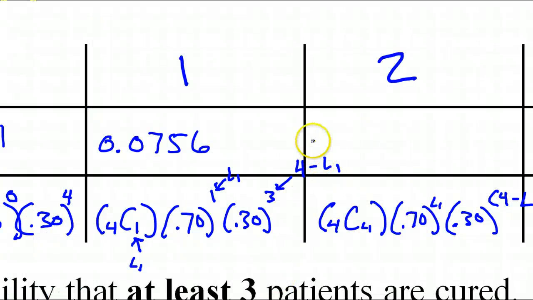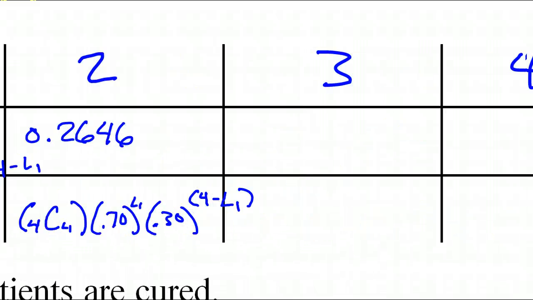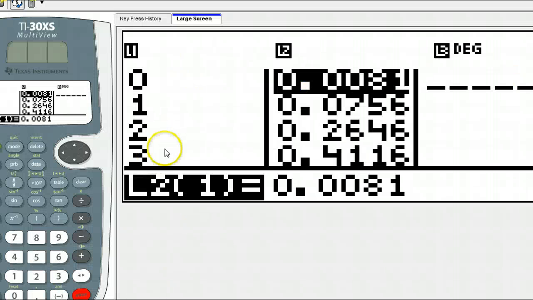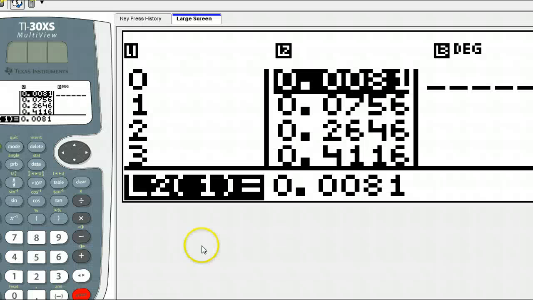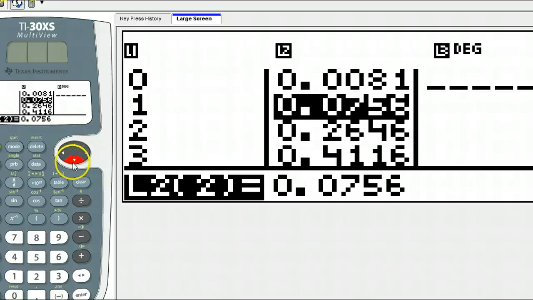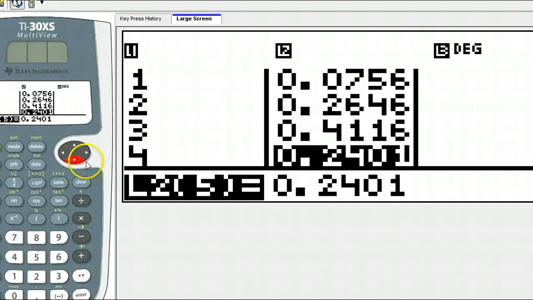So now we can just copy that down. 0.2646. Okay, and then the next one is 0.4116. 0.4116. And then the next one, 0.2401.